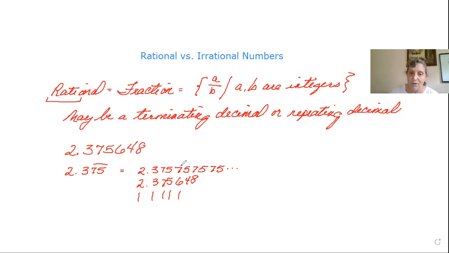So the top number is larger than the bottom number because the first digit beyond where they are identical, the 7, is going to be larger than the 6. So we can say that 2.375 repeating is greater than 2.375648. We know which one's larger.